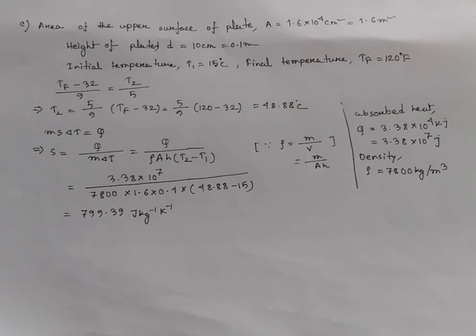temperature. That means either we can convert both of them into Celsius, or we can convert them into Fahrenheit, and this is easier to convert in the Celsius scale, and this is very common also.